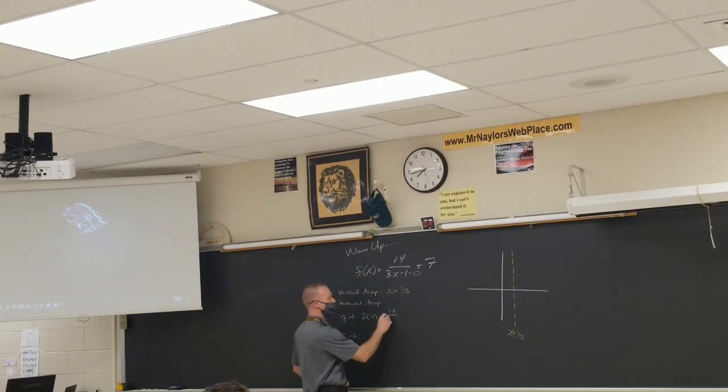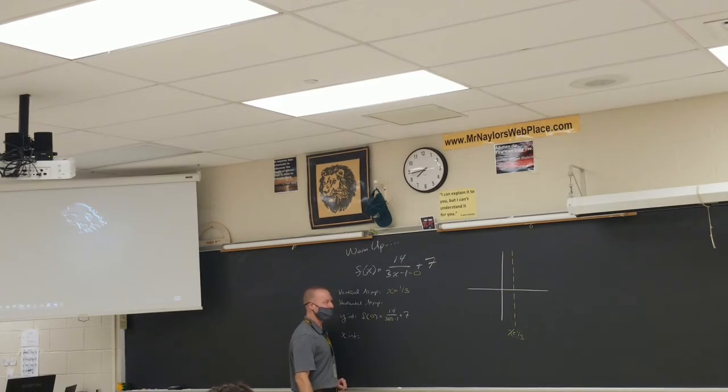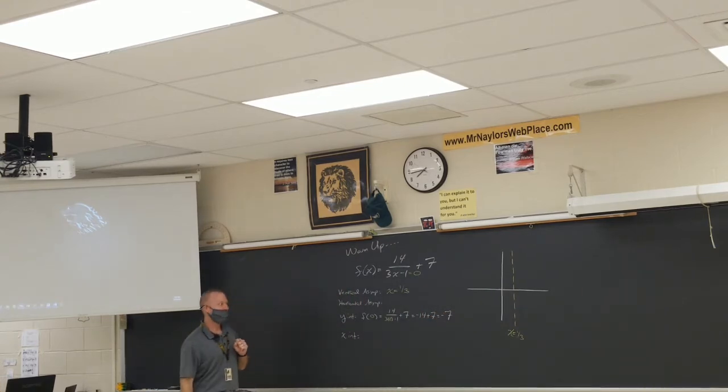If you plug a 0 in for x, and as I try to say here, trust the math that you've already learned, not just yesterday, but here I get 14 over 0 minus 1 plus 7. I think that's negative 14 plus 7.